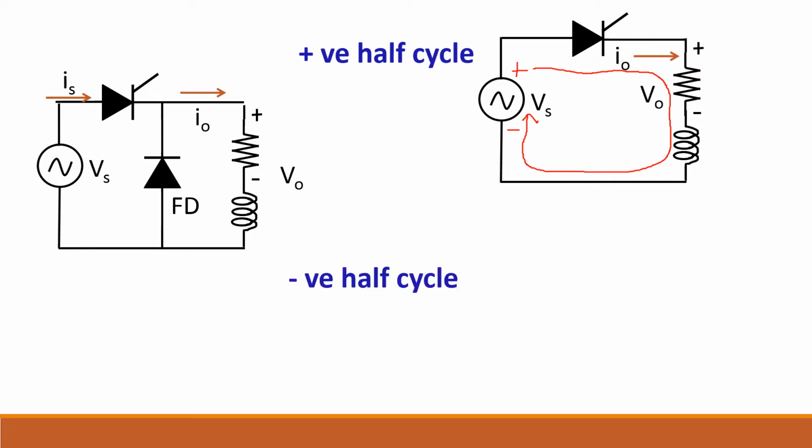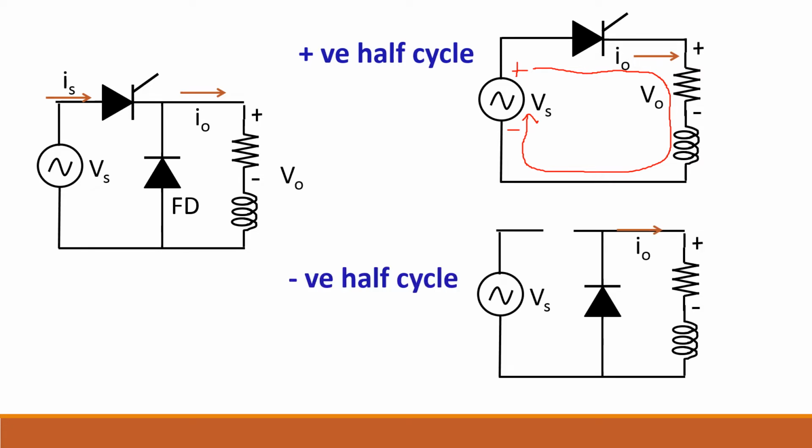And during negative half cycle, here it is negative and here it is positive. So thyristor will be turned off and this diode gets forward biased. So current flows this way. In this method, what happens?